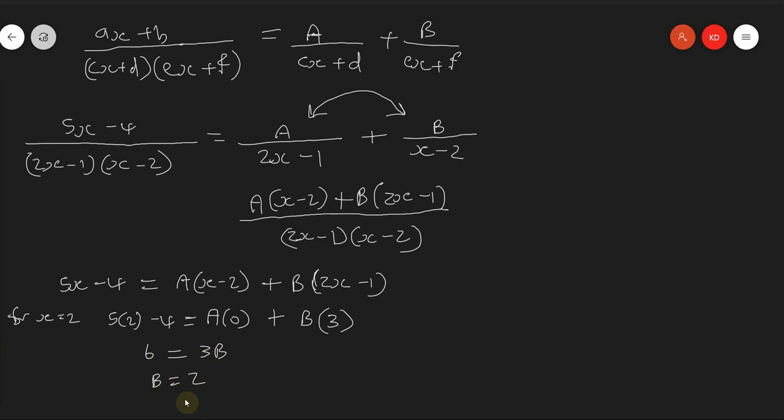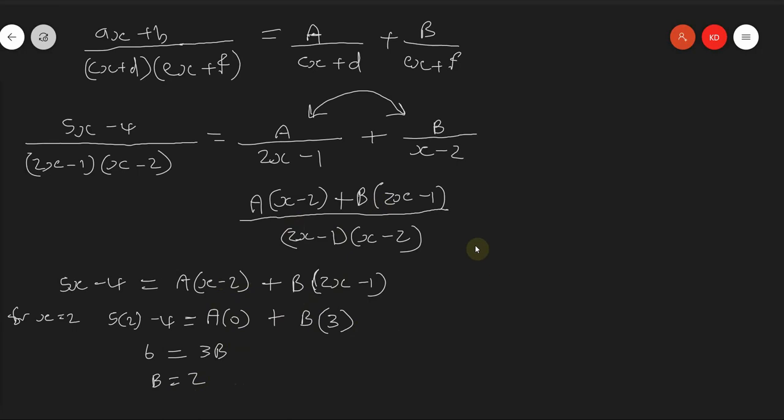Good. Now let's use this value here and just find a, or what we could do is actually use a value for x that would cancel out the b.